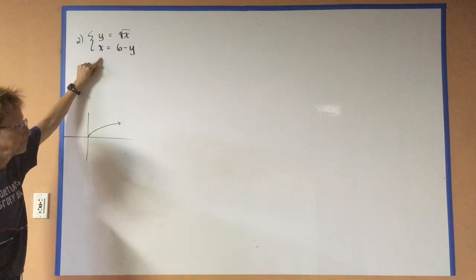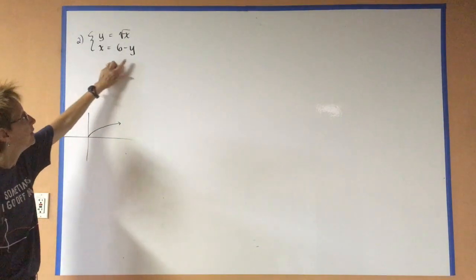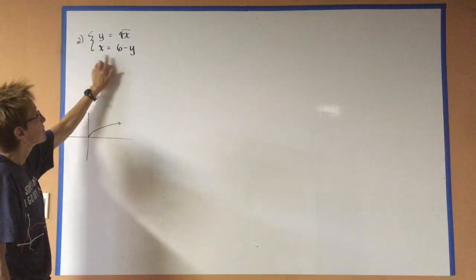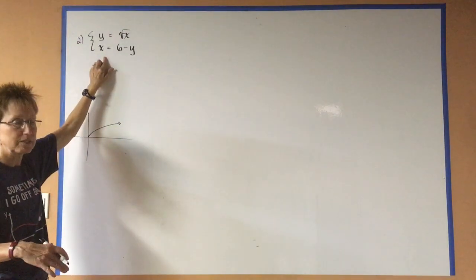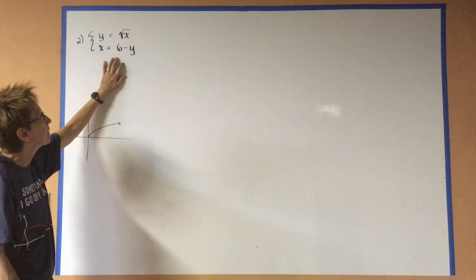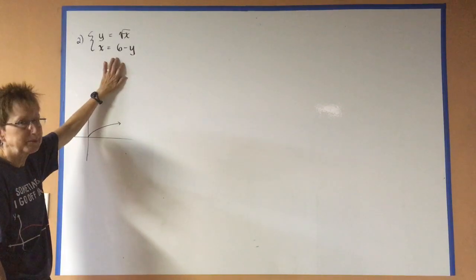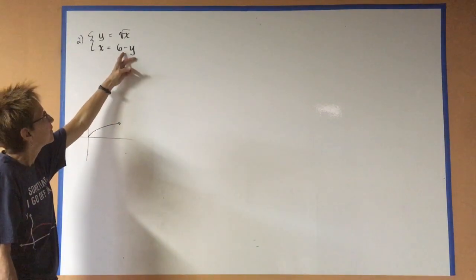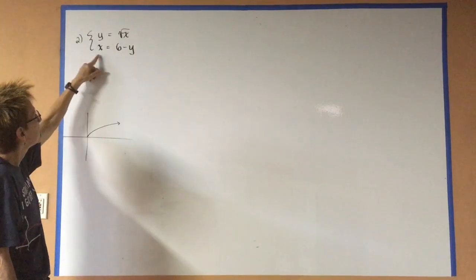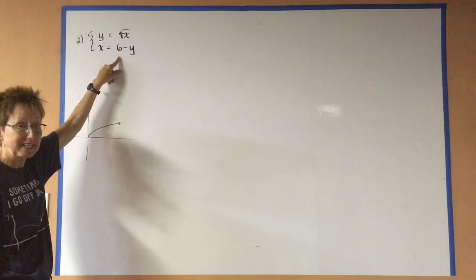What's this guy? This is linear, right? And is it a special case, like vertical or horizontal? No. What's the slope here? So you have to do a little rearranging. If I solve this, if I put this y over here, then this x would be over here. So I think the slope is negative.